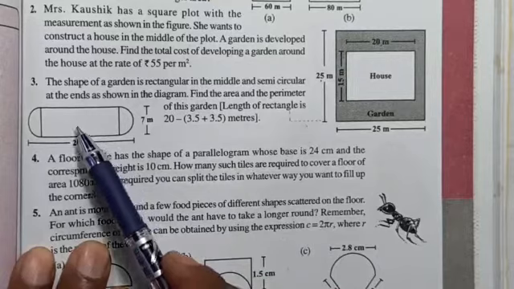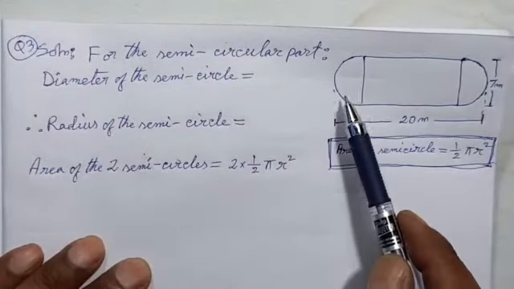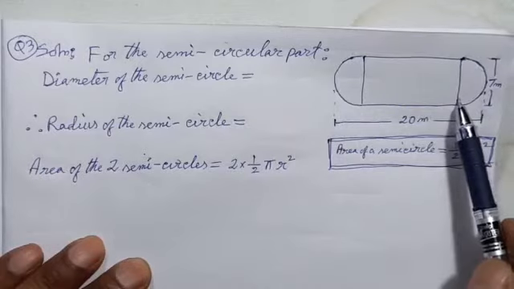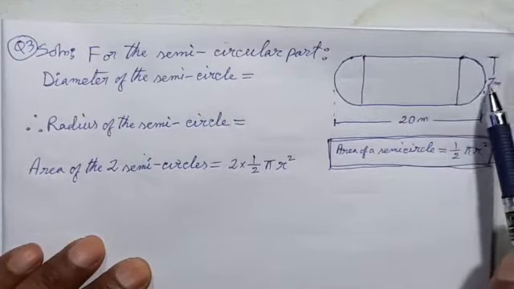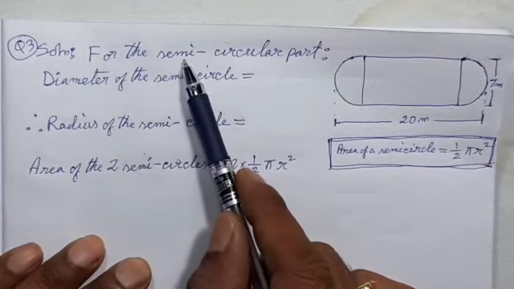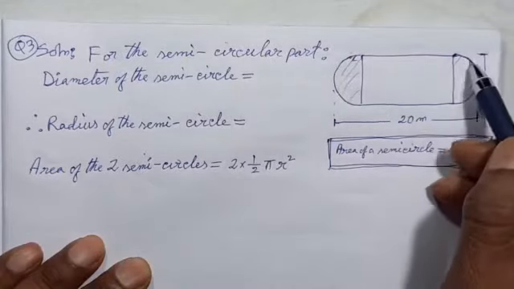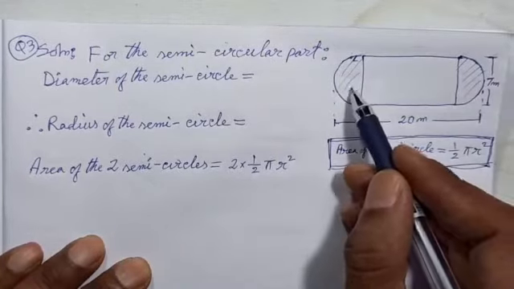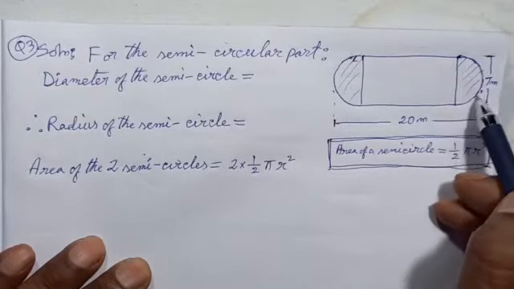Okay, now let's try this. Question number 3 solution. This is the garden. From here up to there is 20 meter, and from here up to that, this width is 7 meter. Now solution. For the semicircular part, this is a semicircular part, and this is also a semicircular part. For this semicircular part, from here up to that will be the diameter, and that is 7 meter.